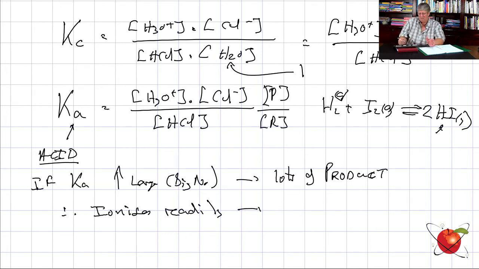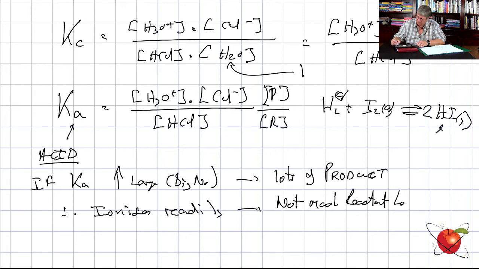That means I get lots of product and not much reactant left. The higher the Ka, the more product, the less reactant. Because remember, you started off with this, and if all of that has been split, there's nothing of this, or very little, left at the end of the day.